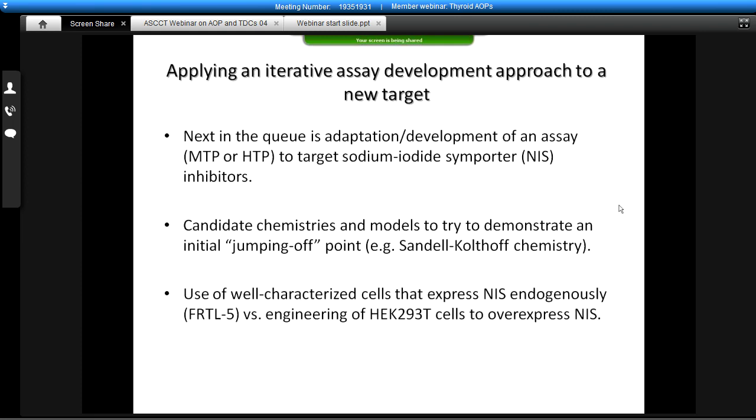I've identified candidate chemistries in a couple of models to try to demonstrate an initial jumping off point, and this might incorporate the use of cells that express the sodium iodide symporter endogenously and then moving to an engineered cell line. So you can see this is an iterative process where we might start with a legacy assay or a medium throughput assay and then try to tinker with it to develop an assay that is more appropriate for high throughput screening.